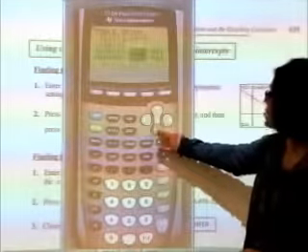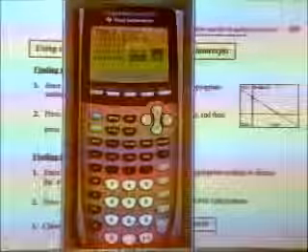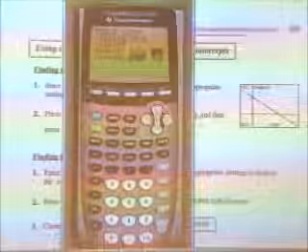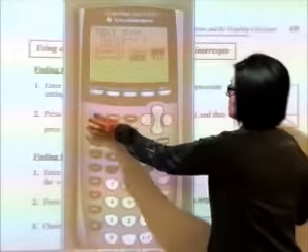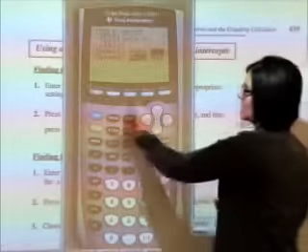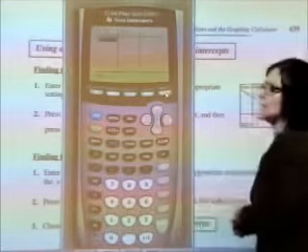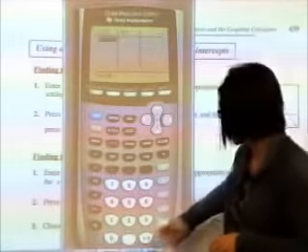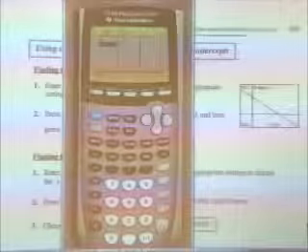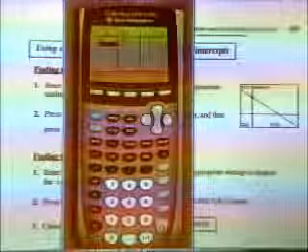And I want to change my independent variable to ask, because I want to put into the table, when x equals 0, what would y equal? So once I've changed that to ask, I can go second graph, which is my table menu because it's in blue. I get this blank table. I can type in x equals 0, and I get y equals 15. Okay?